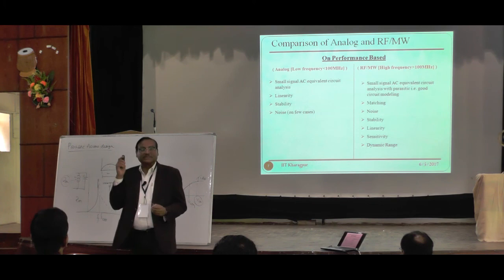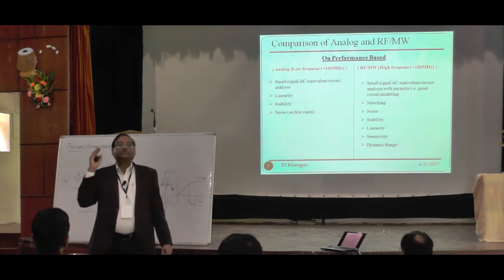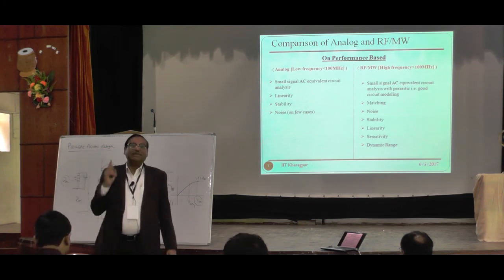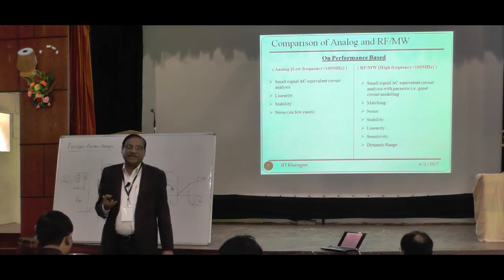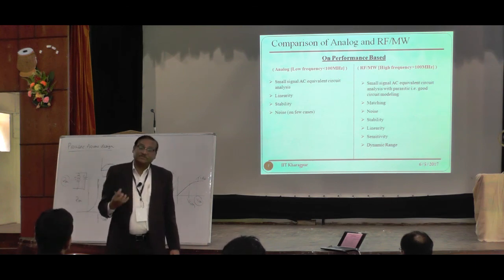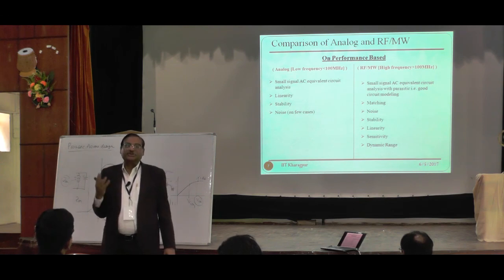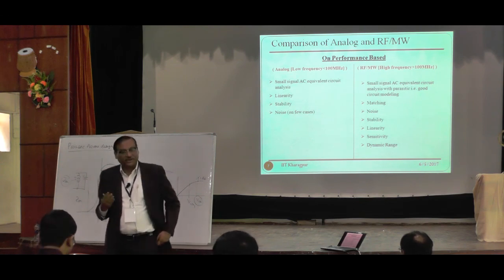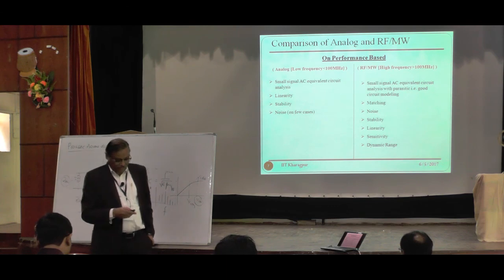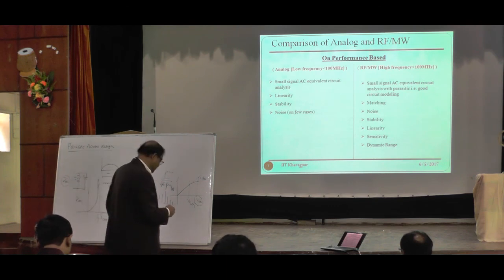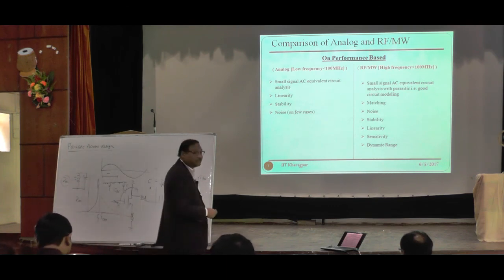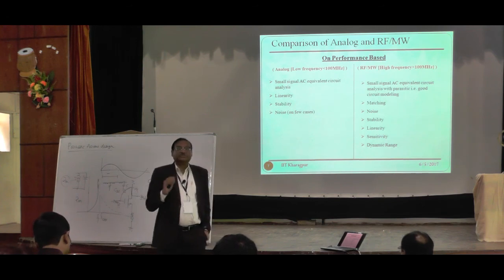So S is the stability parameter that should be greater than 1. For an amplifier, when you talk about linearity, like 1 dB compression, gain in dB, there must be stability calculations. It should be as high as possible, right? And that will not come freely, so you have to compromise with something. Then the noise, which requires a lot of discussion.